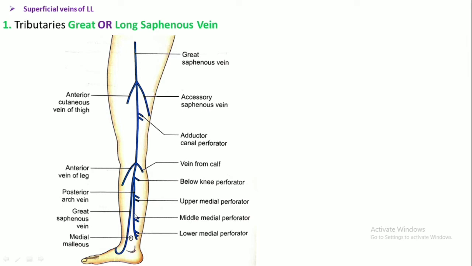This is the posterior arch vein that drains into the great saphenous vein, the anterior vein of the leg, veins from the calf, the anterior cutaneous vein of the thigh, and the accessory saphenous vein also drains into the great saphenous vein.